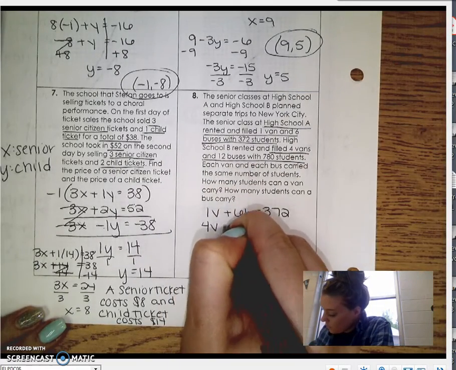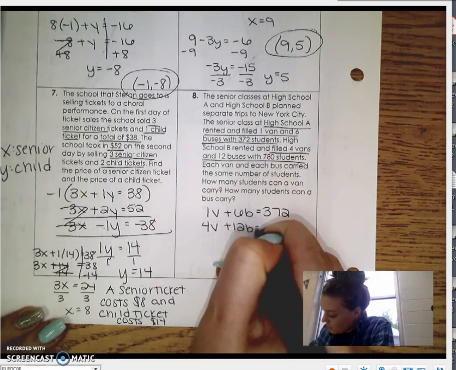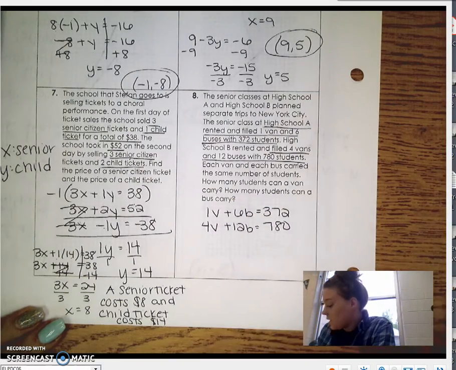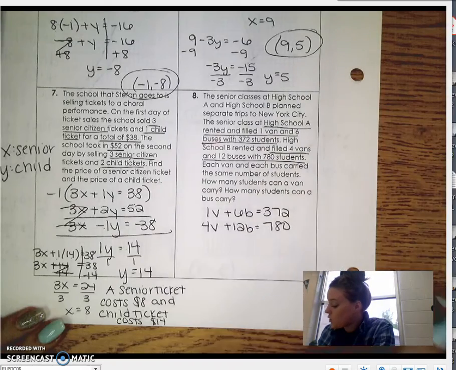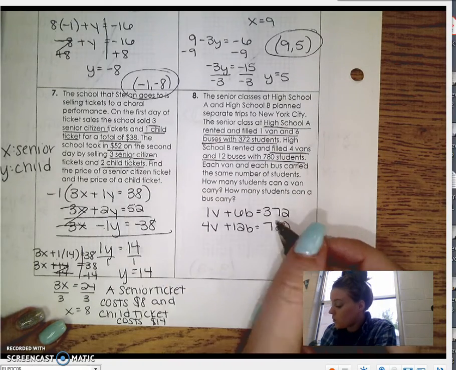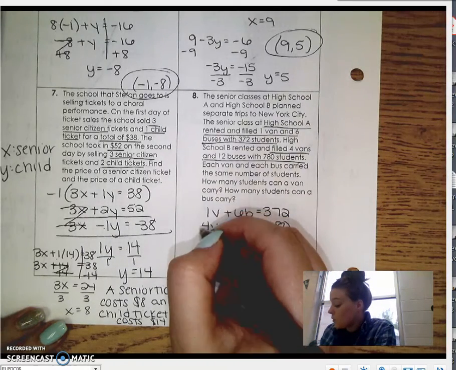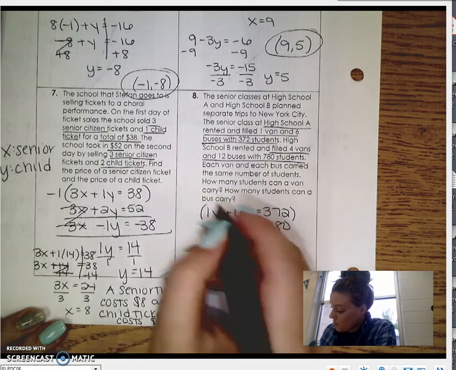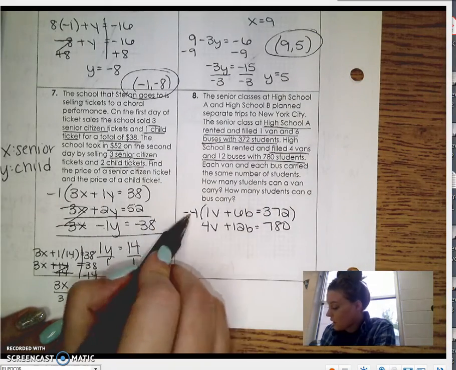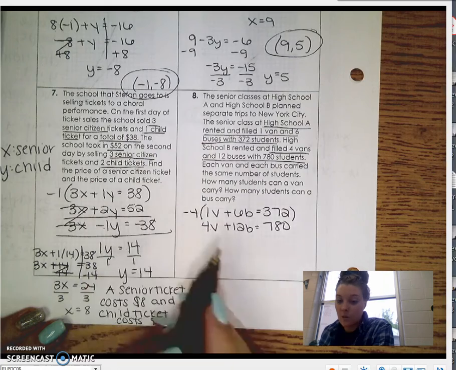So 4 vans plus 12 buses is 780 students. So now I have to see if I have a zero pair. I don't, so I'm going to multiply my top equation by -4. That's going to cancel out this +4 right here.